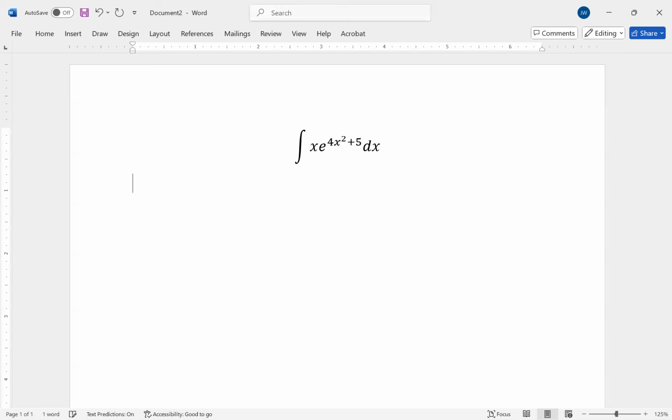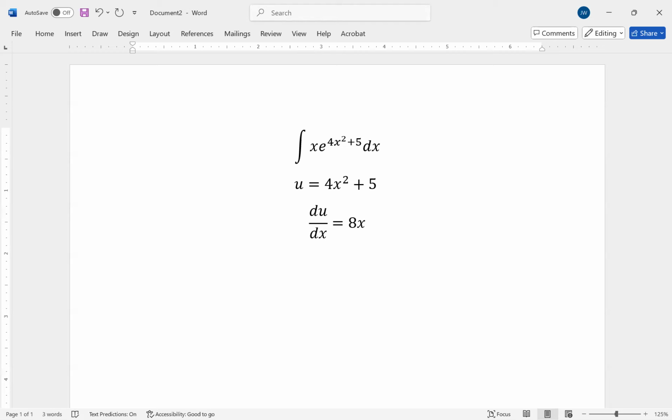In this case, we have e to an ugly power. And a lot of times when we have e to an ugly power, we want that power to be our u. In this case, if 4x squared plus 5 is my u, then the derivative of u with respect to x is just 8x.